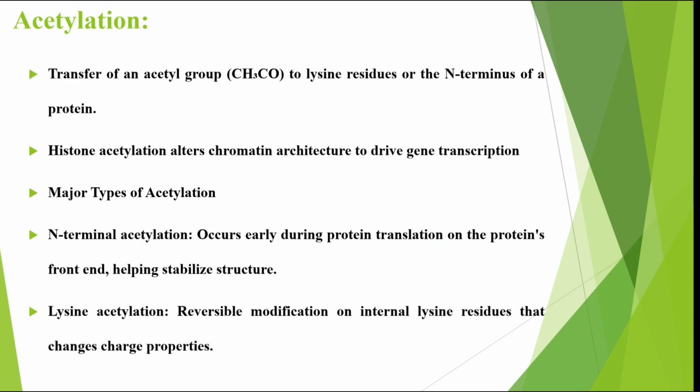Next, acetylation. It is the transfer of an acetyl group to a lysine residue or the N terminus of a protein. Histone acetylation alters chromatin architecture to drive gene transcription. There are two major types of acetylation.